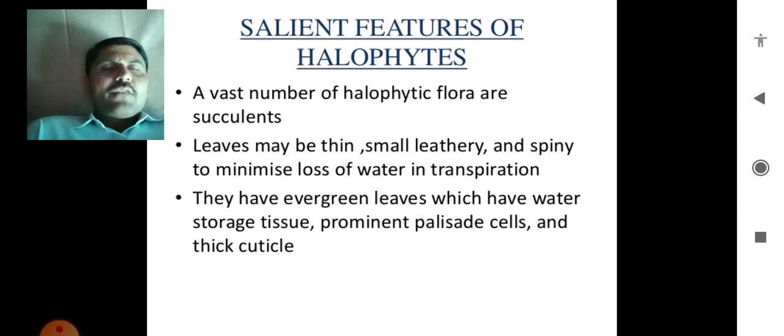They have evergreen leaves which have water storage tissue, prominent palisade cells and a thick cuticle.